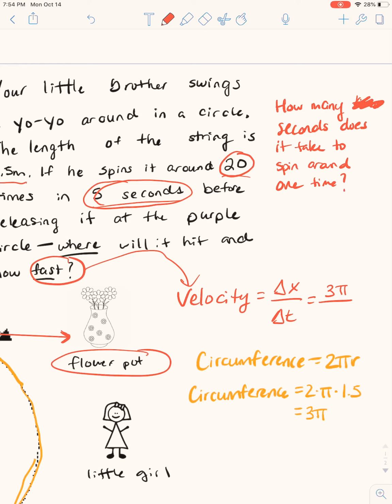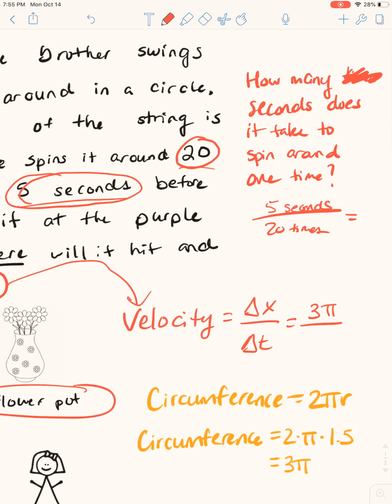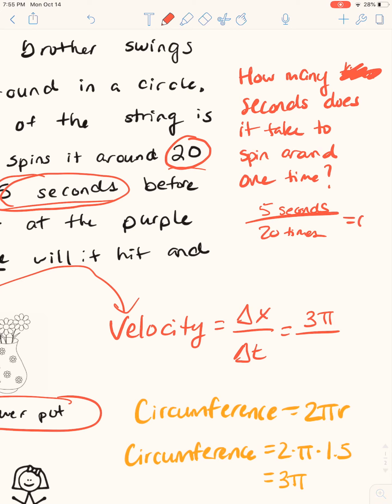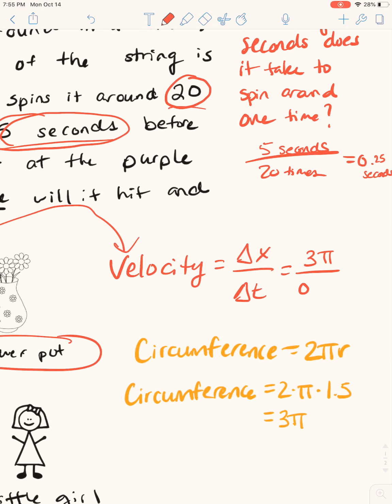Because now I need to get seconds. Well, it was 5 seconds and 20 times. It's really fast. So that was only 5 divided by 20. That's 0.25 seconds for just 1 time. So that's 3 pi divided by 0.25.